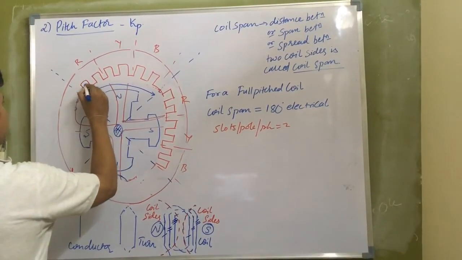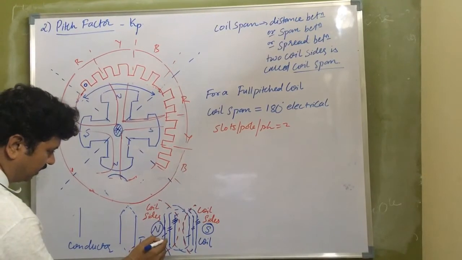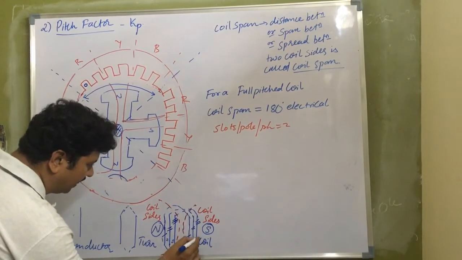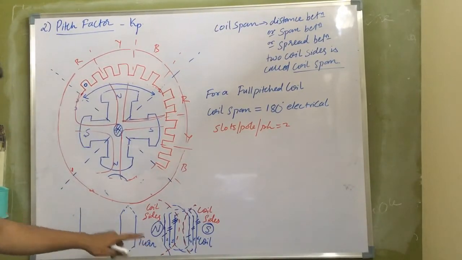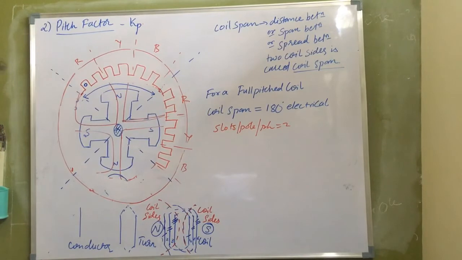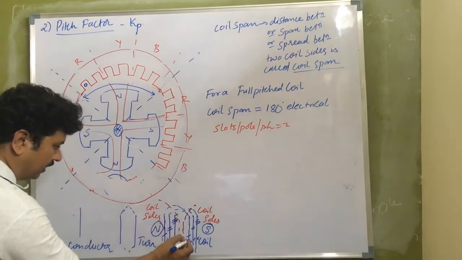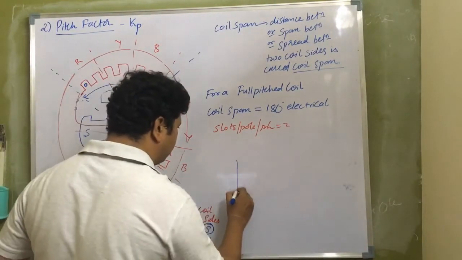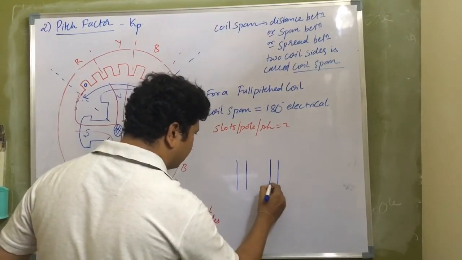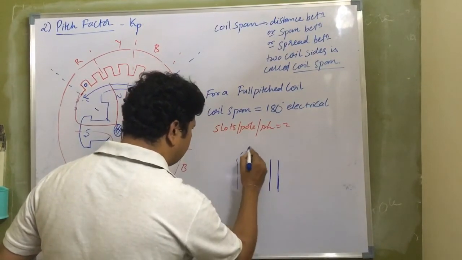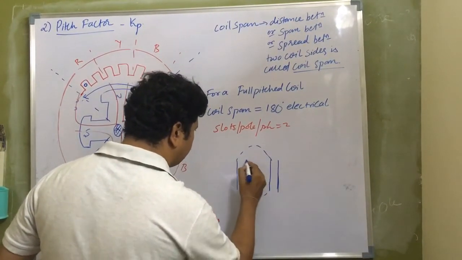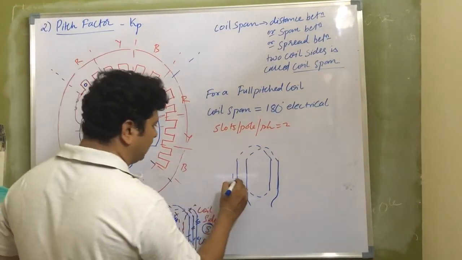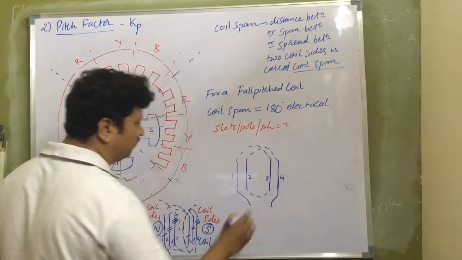Now, if the coil span has to be 180 degrees or full pitch, then if I place one coil side here, suppose conductor 1, now I have conductor 1, 2, 3, 4, 5, 6. If conductor 1 is placed here, then it has to be connected to conductor 4. I will take suppose only 2, so there is conductor 1, conductor 2, 3, 4.